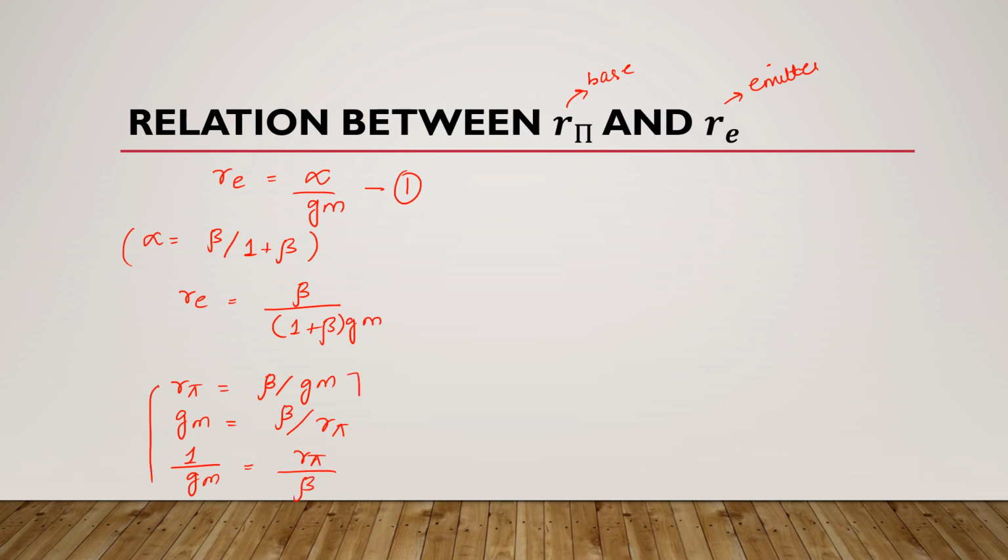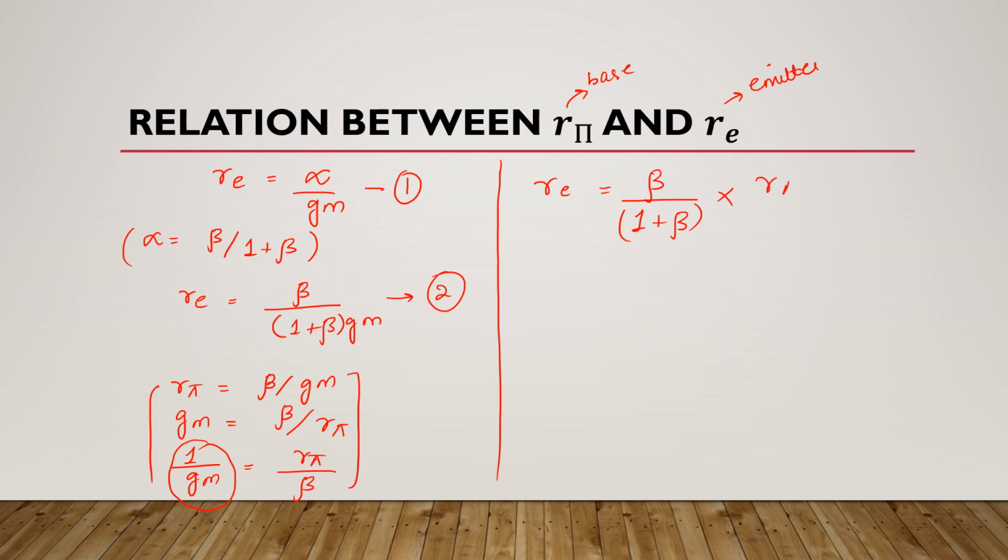Okay, this is equation number 2. Now if we put this value of 1 upon Gm here in this equation number 1, we get Re is equal to beta divided by 1 plus beta multiplied by R pi divided by beta.